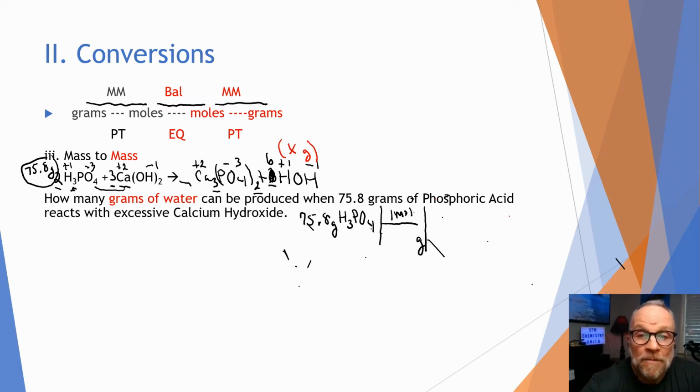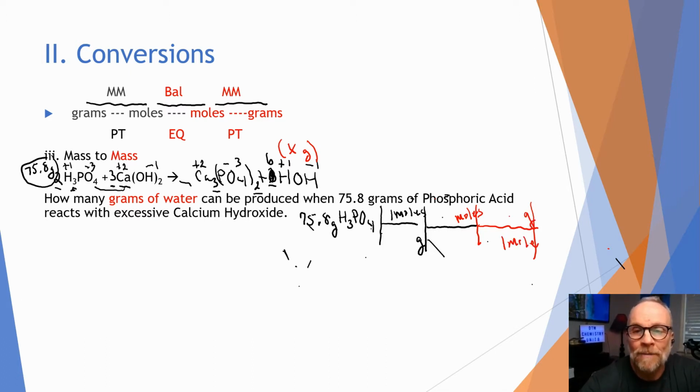Whenever we have grams and moles together, it'll be 1 mole, then moles to moles, and then moles back to grams. Moles here, I'm color coding it. 1 mole is equal to so many grams of H2O. And then we have moles on the bottom here, moles of H3PO4. All right, this is H3PO4. Okay, so a 3-step conversion.